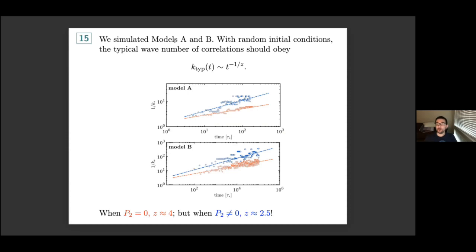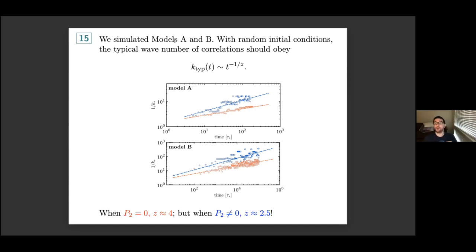So the way we do this is we start our initial conditions with basically random positions and momenta for the particles. And we think that if we look at the typical scale in the structure that we see over time, that typical length scale should increase, or the wave number should decrease.